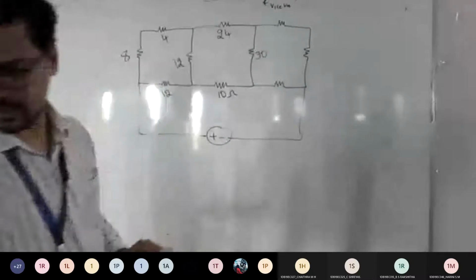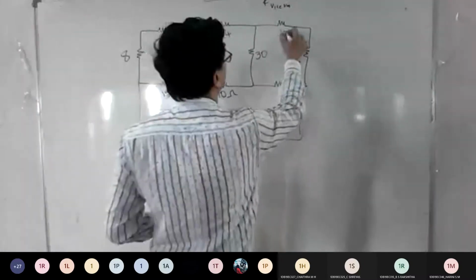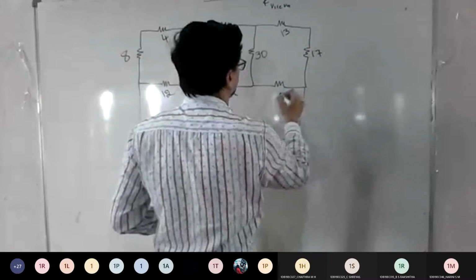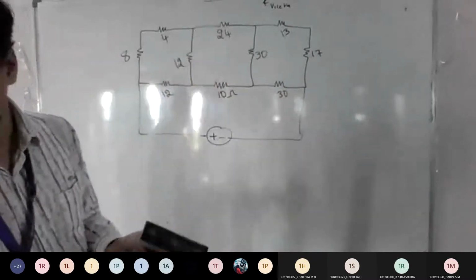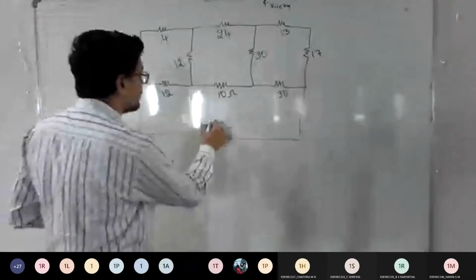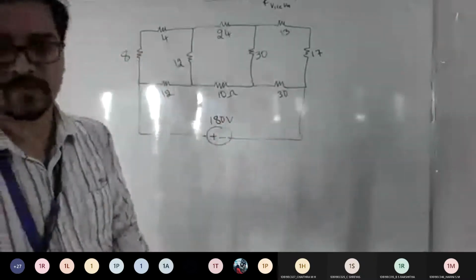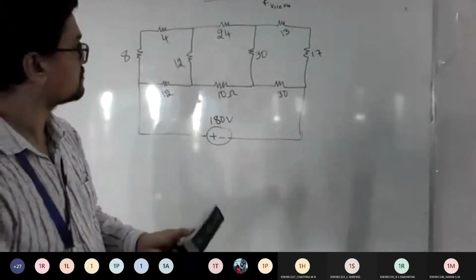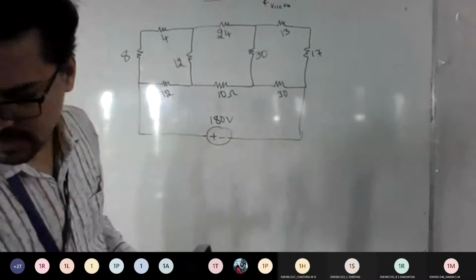This is 30. 13, 17, 30. Okay. So this is the given network. The value of the voltage is 180 volts. So this is the given question.